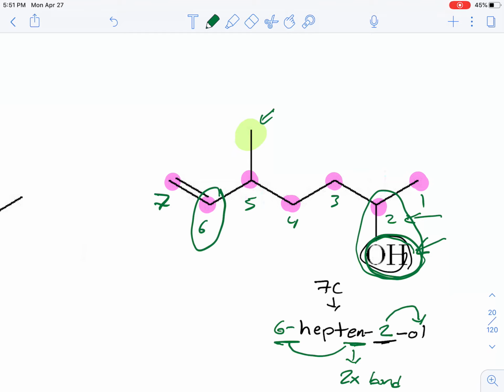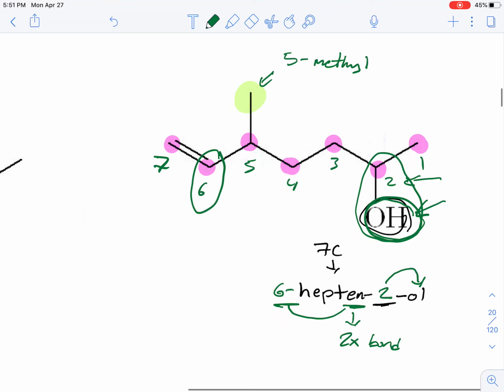And so it looks like we have a methyl group on the 5th carbon. So we're just going to add 5-methyl. And so to name this compound to completion, we're just going to go ahead and write 5-methyl-6-hepten-2-ol.